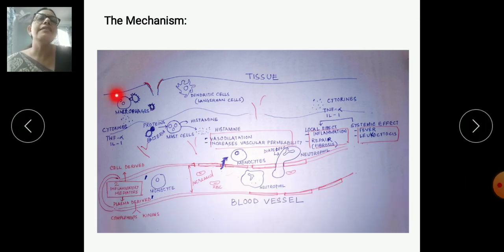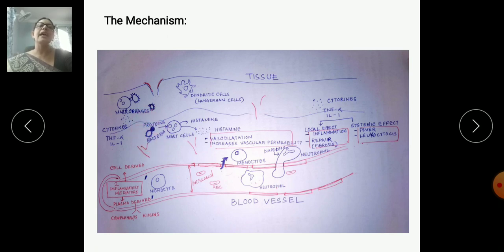Now, this is my cellular layer. This is the blood vessel. This inner layer of the blood vessel is the endothelial layer. Suppose my cell or tissue got injured. Then after injury, the bacteria is entering over here.